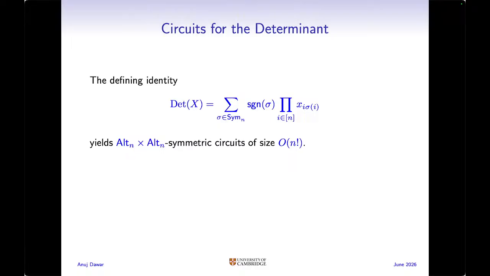If I take the defining identity, this is the definition of the determinant, and I turn it into a circuit of depth 2, as a sum of signed product gates, that is certainly Alt(n) by Alt(n) symmetric. Apply any even permutation to the rows and the columns, you can permute the product gates and get an automorphism of the circuit. Of course, it's huge. It's of size n factorial.